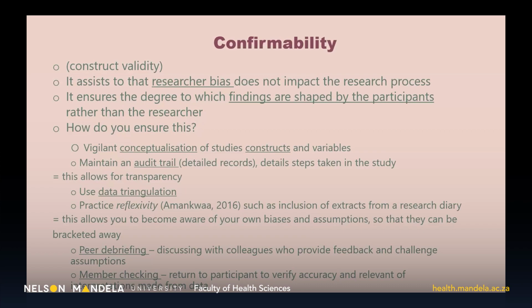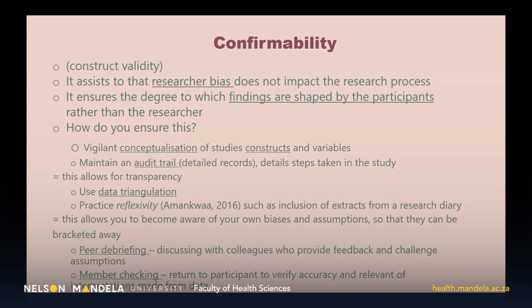So if I'm researching narcissism, I, in my research, build in a very clear understanding of what narcissism is. And when I talk about narcissism, when I look for narcissism in the data, that I stay true to the definition and the way I've thought and defined narcissism.